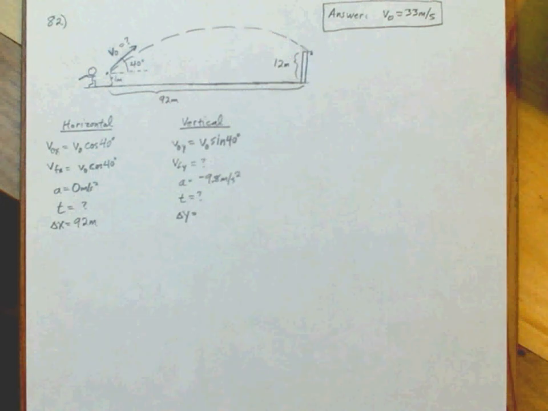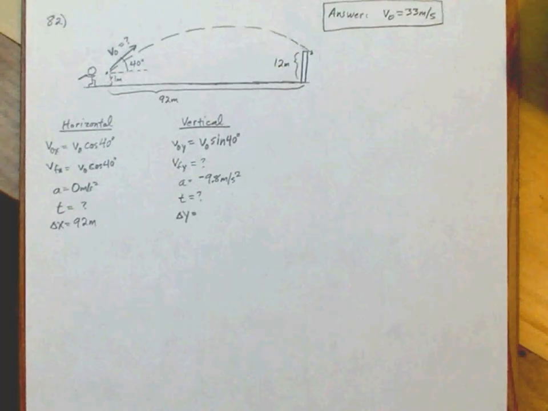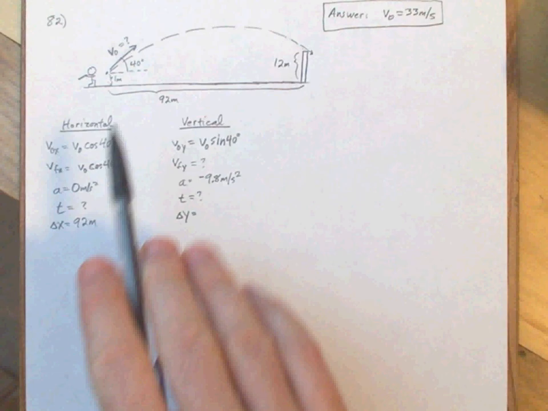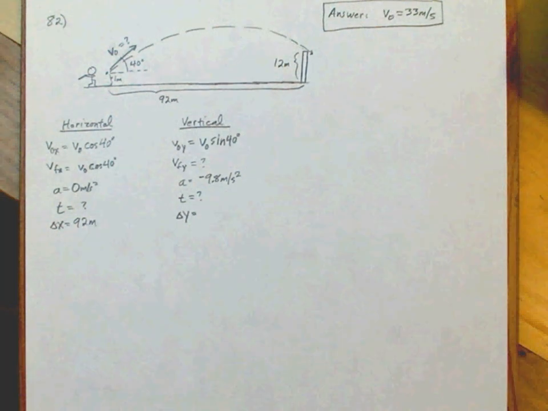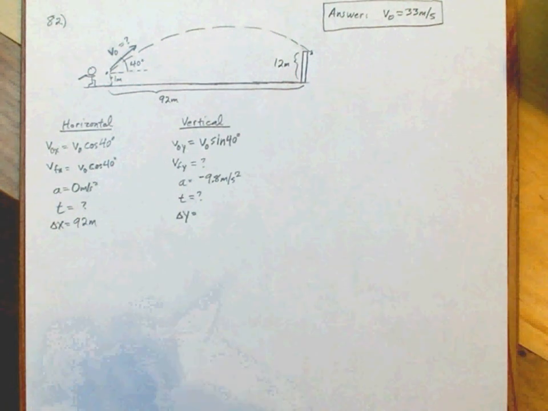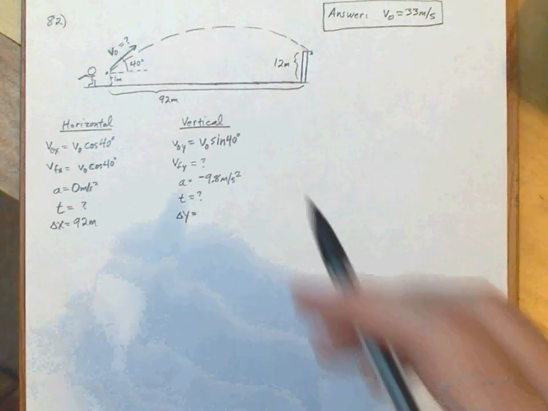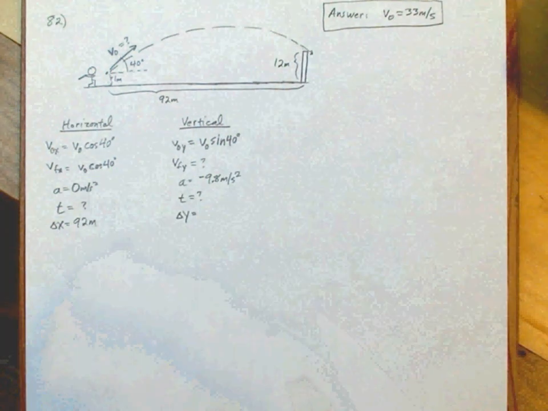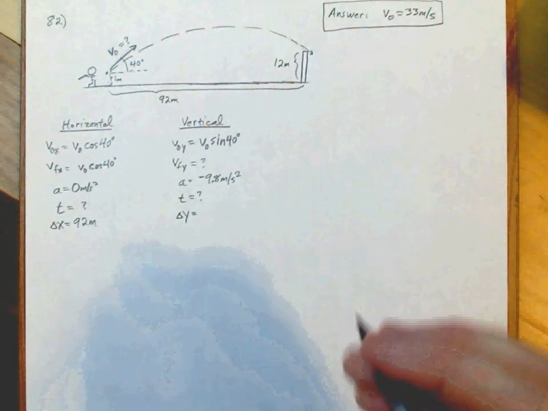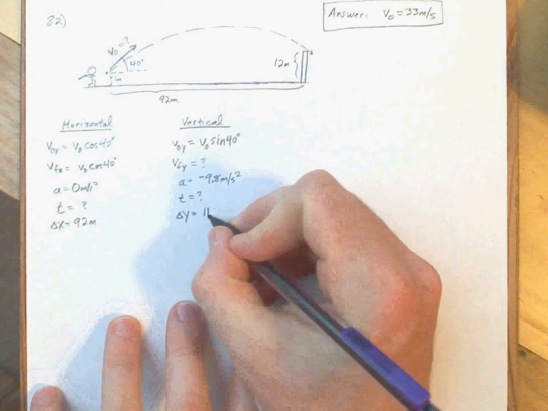Well, since we're looking for the minimum speed that we're going to hit this thing with, we're going to assume that it's going to go 92 meters, and when it's gone 92 meters, it's gone 12 meters high. So our delta y, maybe I should write it as y original and y final. If I did that, I'd say y original was 1, y final is 12. Or I can just write it as change in y. Change in y is a net change of positive 11 meters.